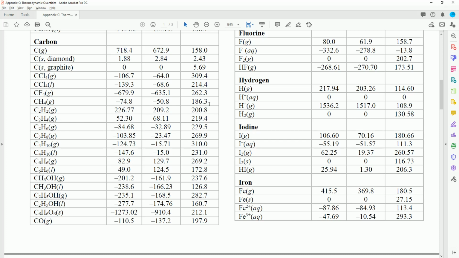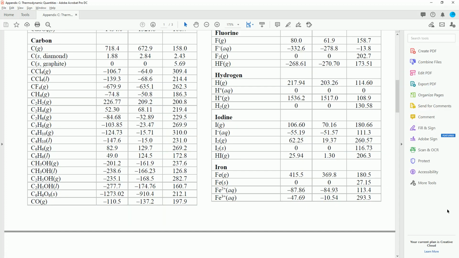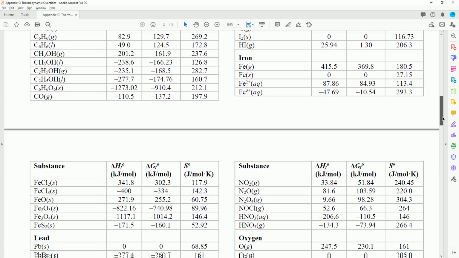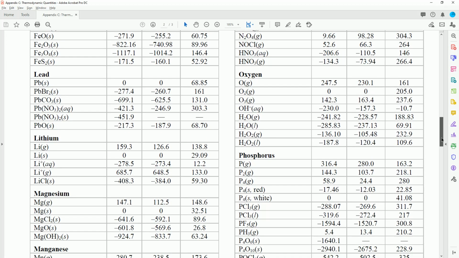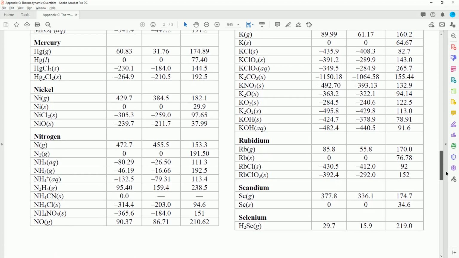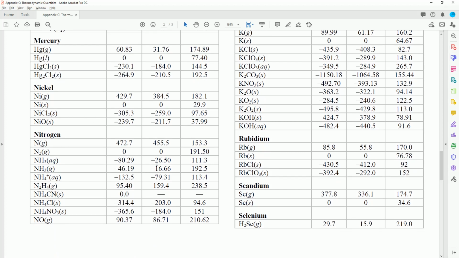And then for the nitrogen, I'm going to go down a little bit here. Find nitrogen. There's nitrogen, N2, 191.5, and that's also in joules per mole Kelvin.